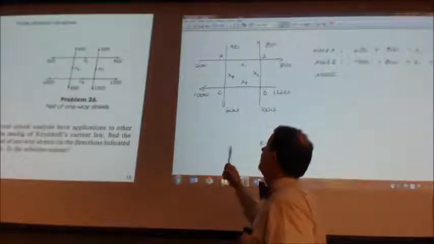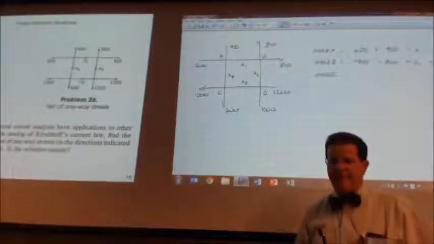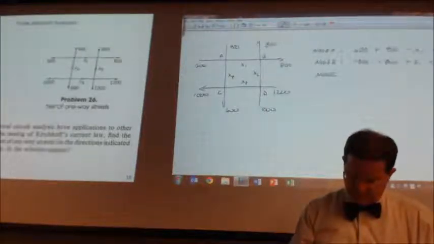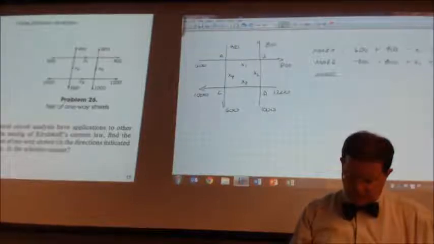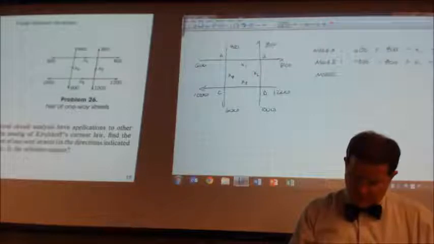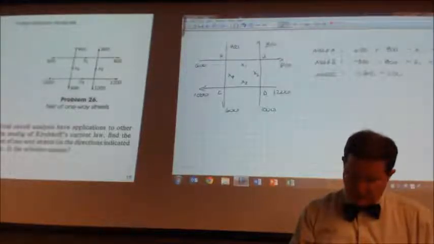Both of those are positive coming into A, and then negative going. Okay, I got you. So where are we? C is x4 plus x3 minus 1,000 minus 600. Okay, minus 1,000 minus... well, we're going to rearrange all this anyway.